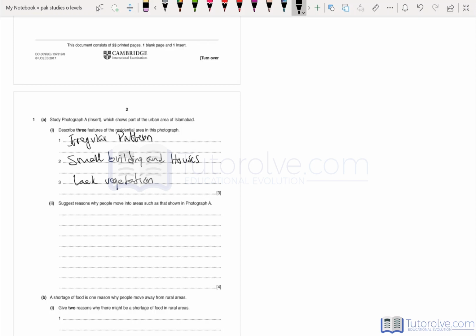So this is a general run-of-the-mill question, which basically means how urbanization works and how people are attracted by major cities, coming from smaller towns.